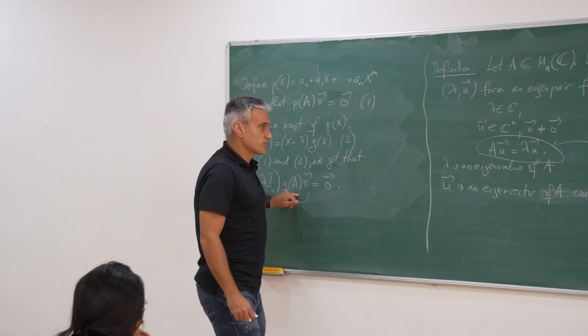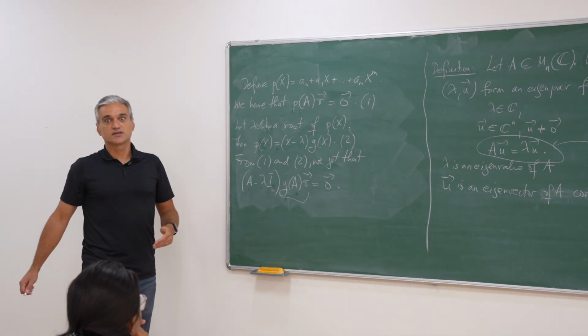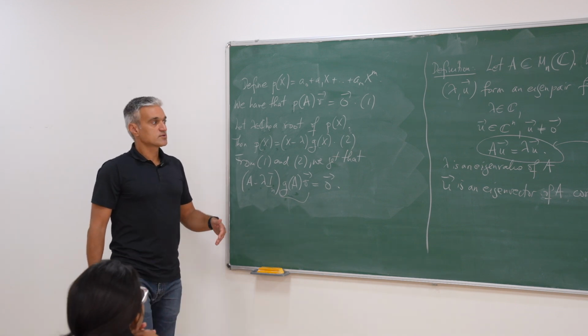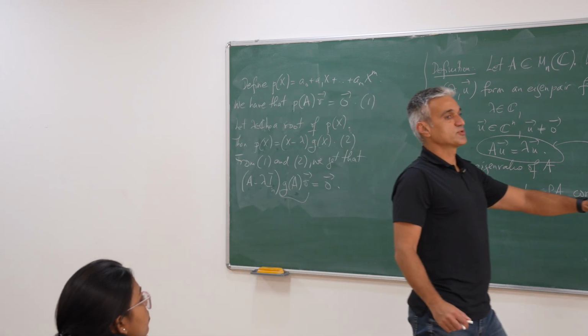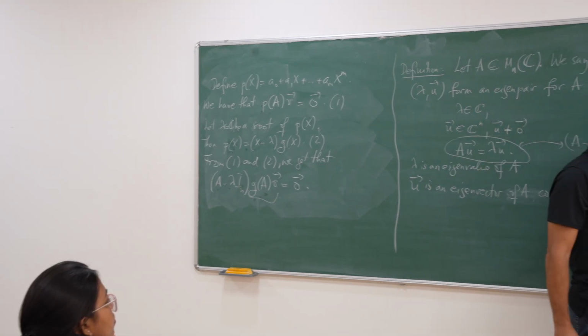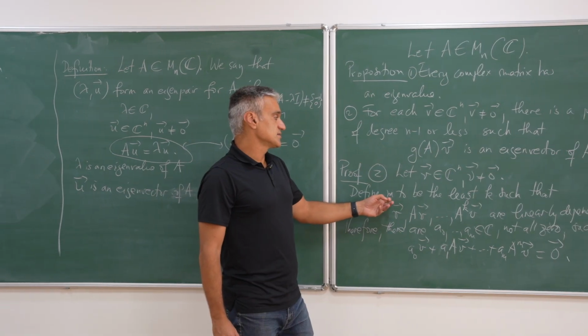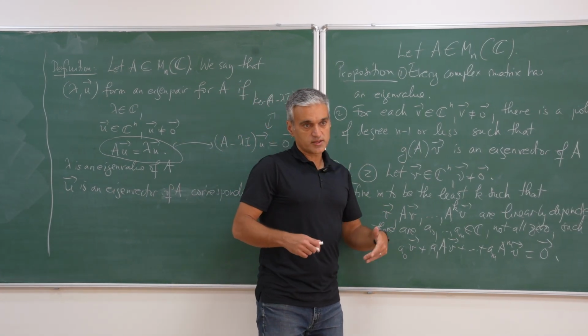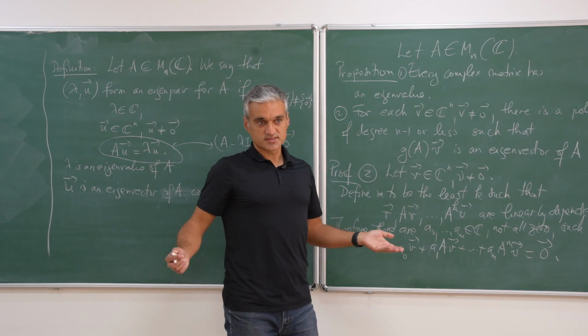And g of A of V, what degree is g? m minus 1. And we agree that that's why this thing helped you at the beginning, that you take m to be the least k such that these are linearly dependent. Essentially, this is the least degree of a polynomial such that if you calculate p of A and multiply by V, you're going to get 0.